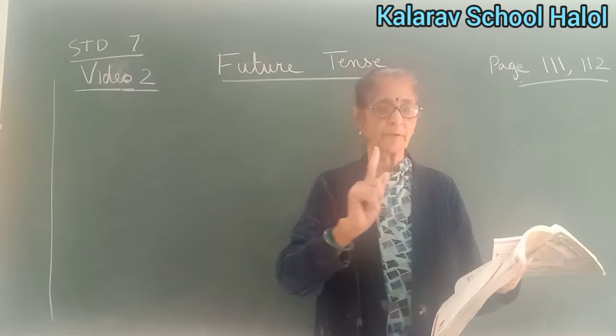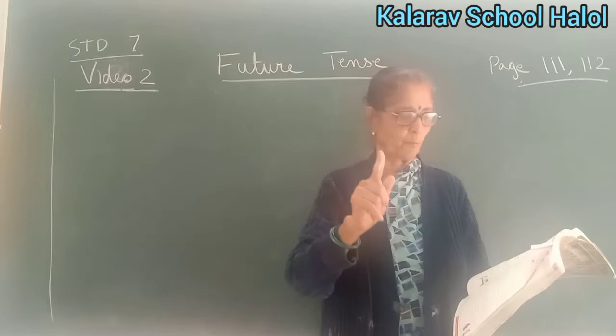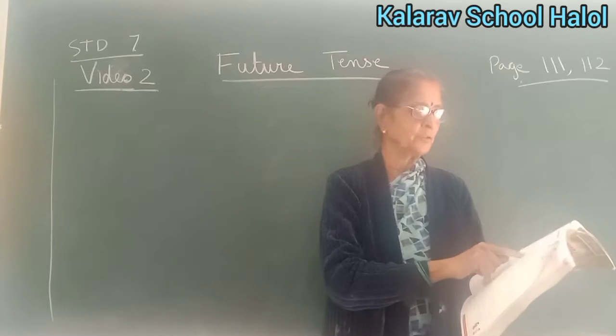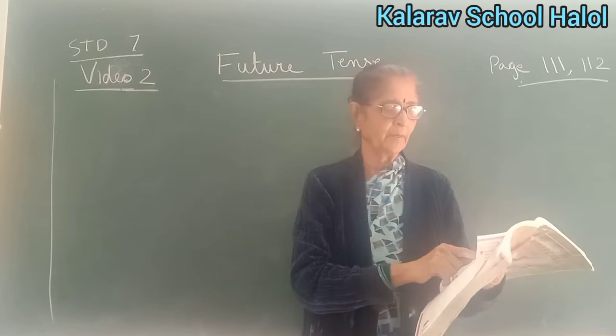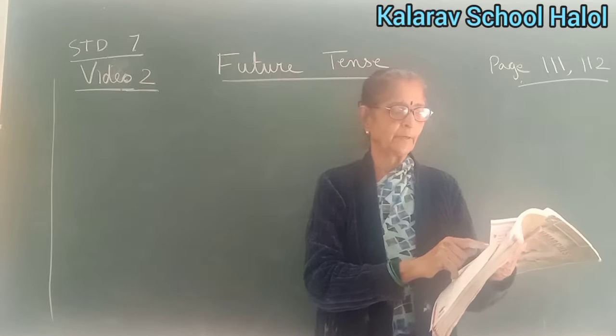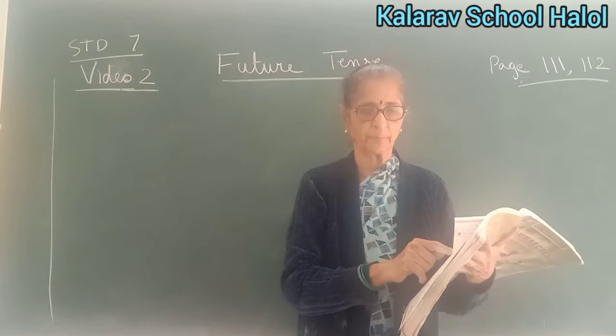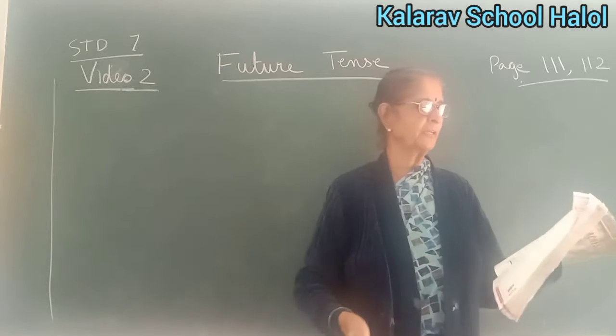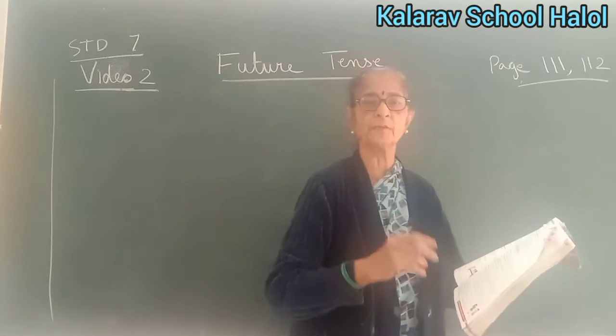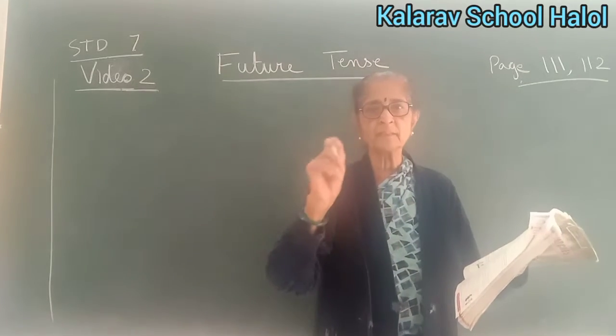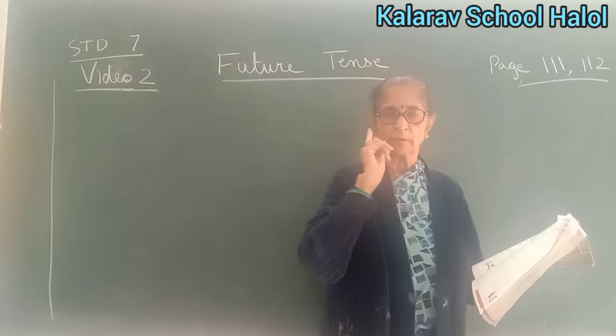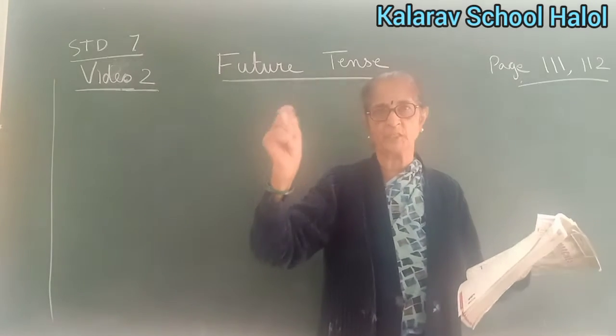Now future perfect continuous tense form. We use will or shall plus have been plus ing form of the verb to express an action in the future perfect continuous tense. Okay, ing form means your main verb plus ing.